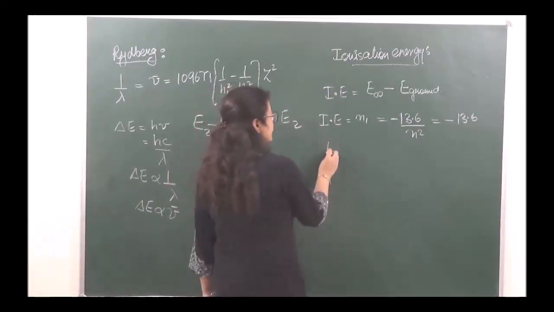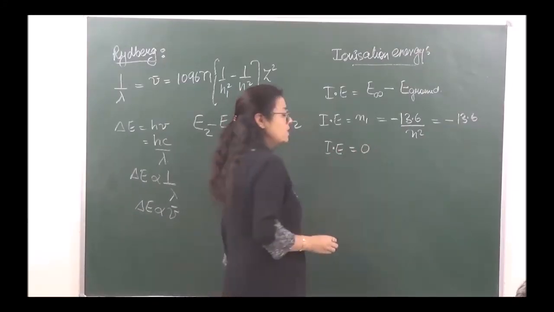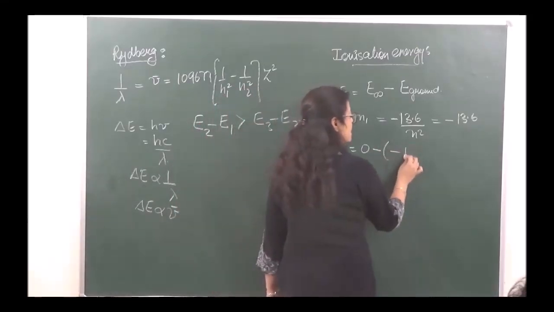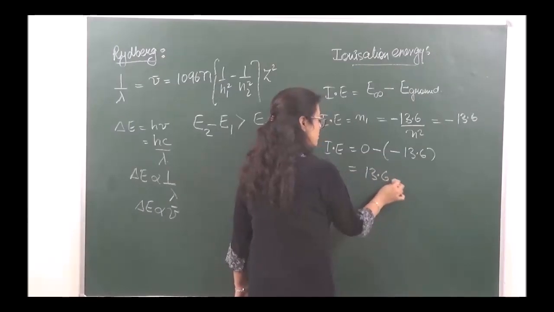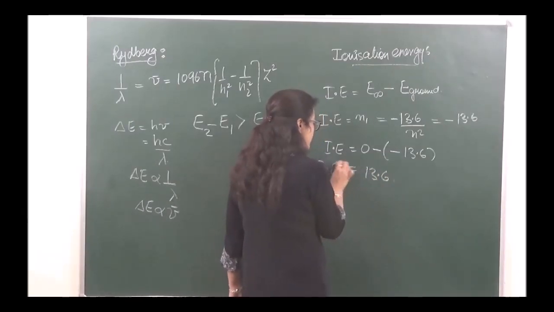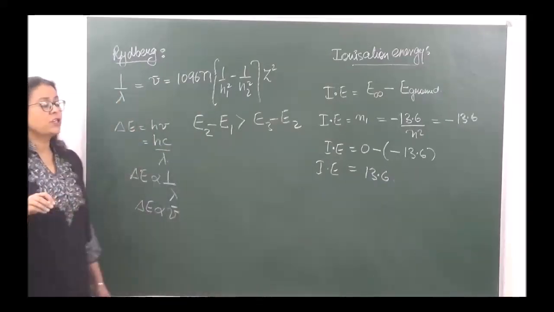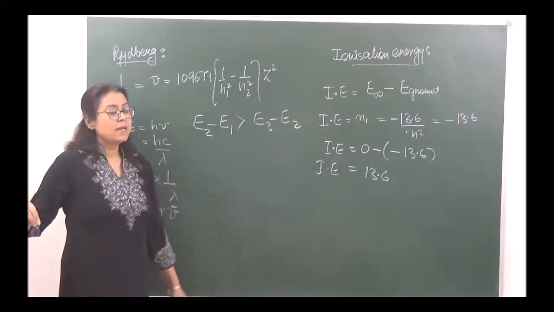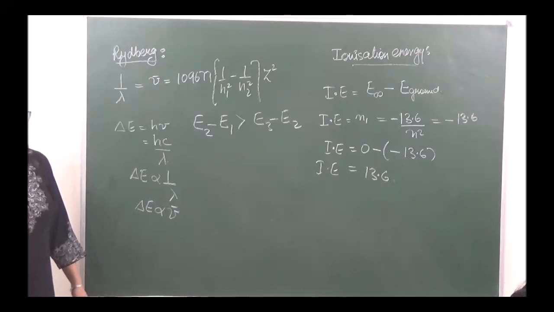So ionization energy will be E infinity, which is equal to 0, minus minus 13.6. So ionization energy has the same value as the energy of an electron in any shell, but this is positive and the other one is negative. Okay? Have you understood? This is the difference.